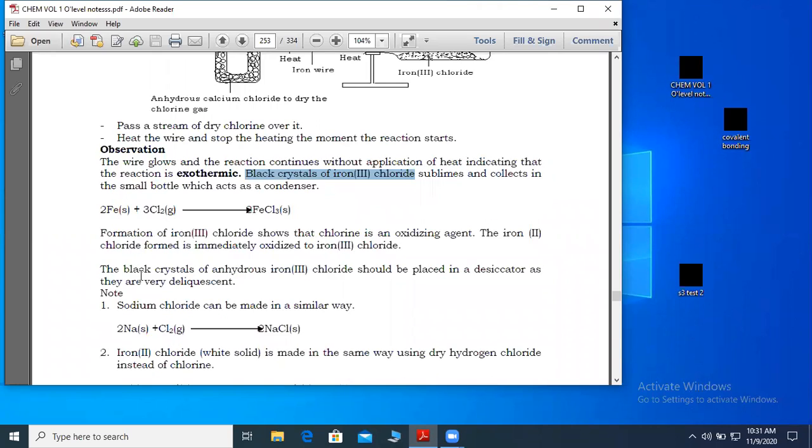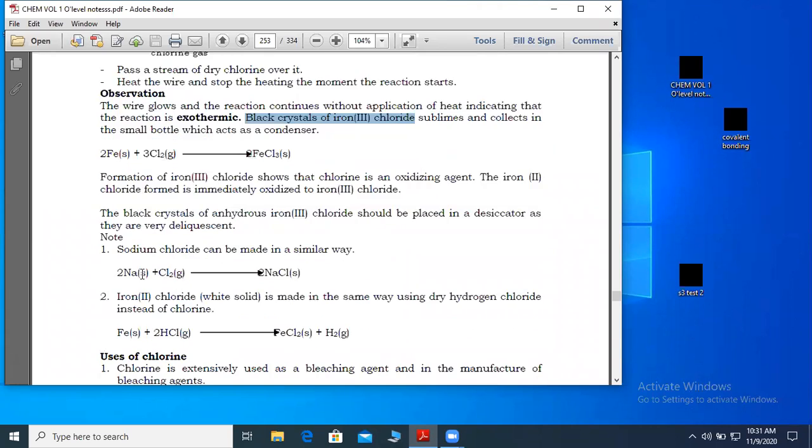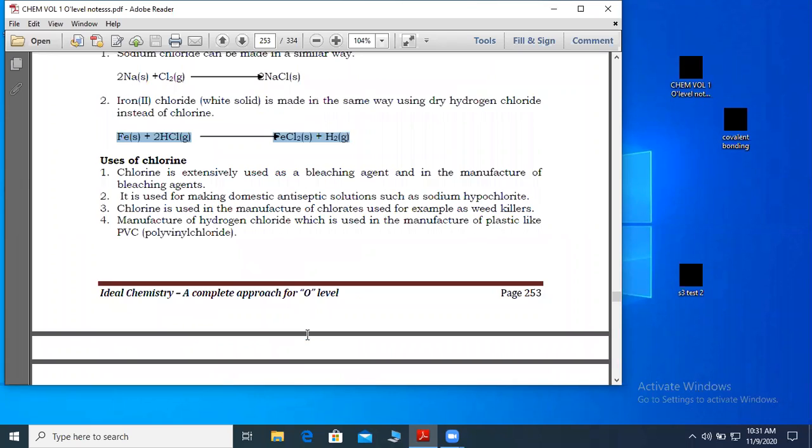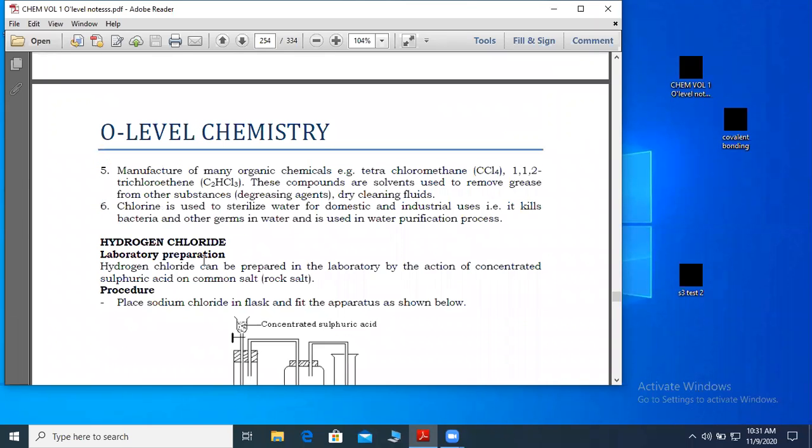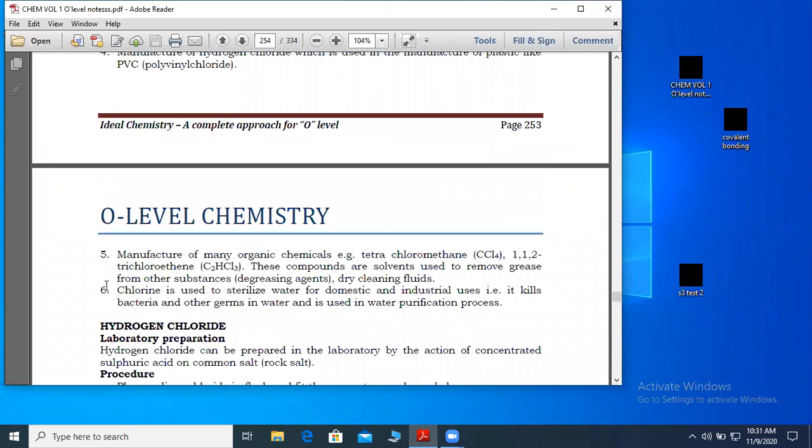But however, I say with iron with hydrogen chloride, remember you confused this in the test. Iron with hydrogen chloride, the product is iron 2 chloride plus hydrogen gas. Uses of chlorine we saw: it is used in manufacture of organic chemicals.